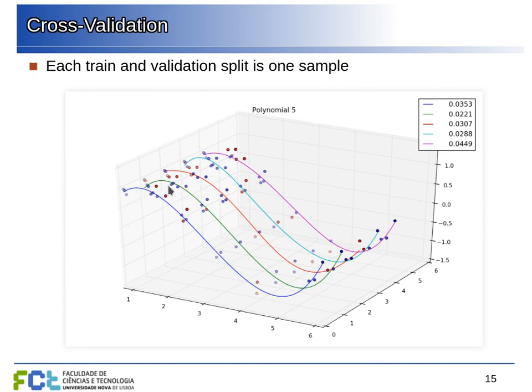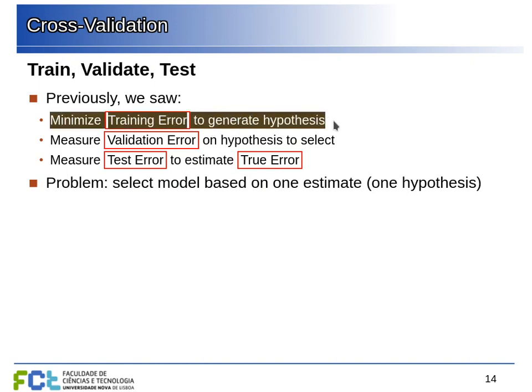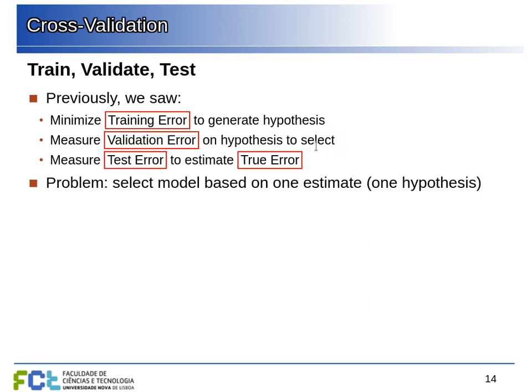Depending on using different points for training and validation, we can get slightly different hypotheses because we are using different sets of points for training, and we also get different measures of error because we are also using different points for validation. So if we split training and validation once, we are only looking at those particular hypotheses that were created using that training set and measuring the error only on that sample that we chose for the validation set.